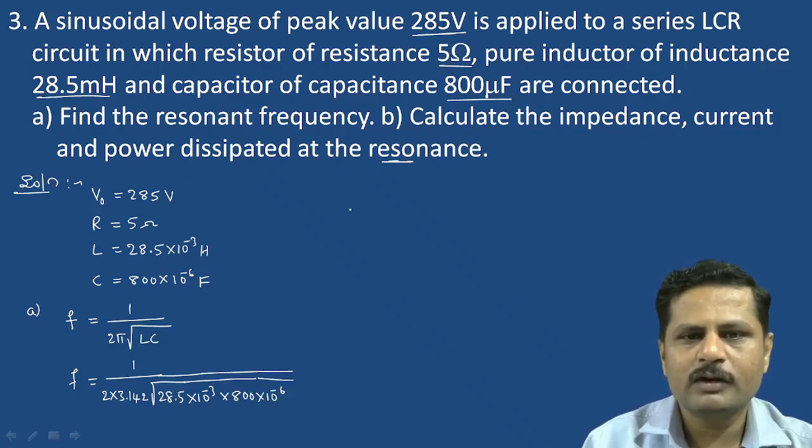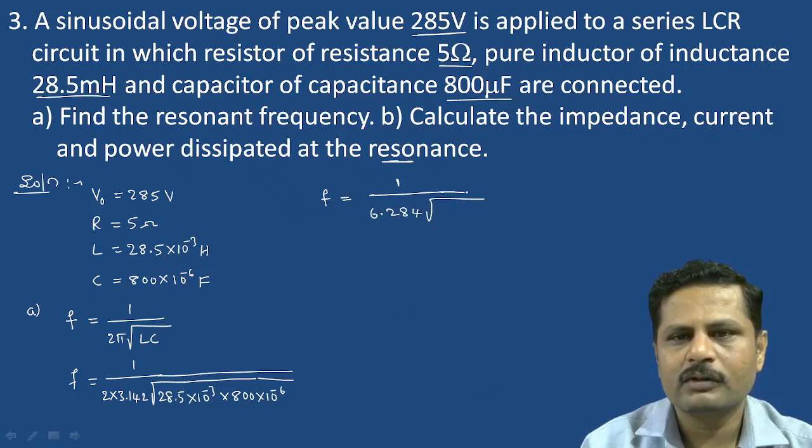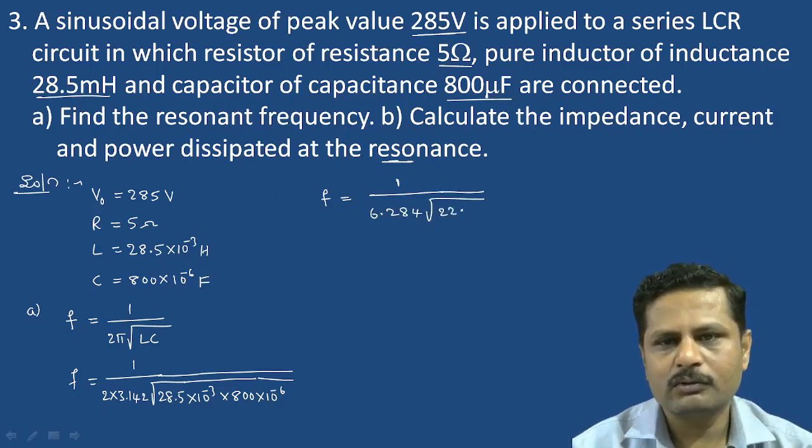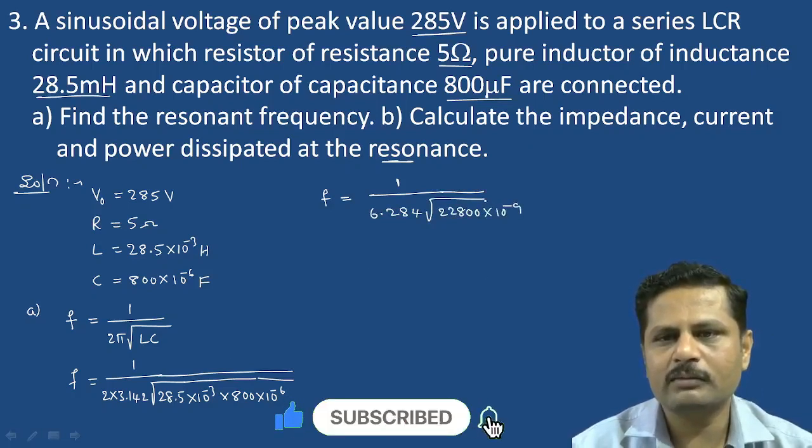When we simplify, we get f equals 1 divided by 2 into 3.142, that is 6.284, square root of 22,800 into 10 to the power minus 3, 10 to the power minus 6, that is 10 to the power minus 9.